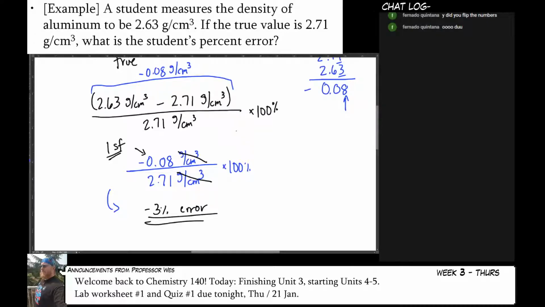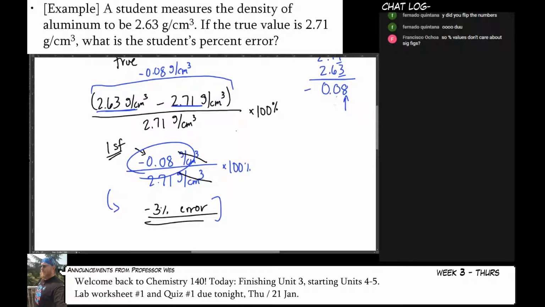As your answer gets close to the correct answer, you start to lose sig figs on your error. And that makes sense because as you get closer and closer, percent values care very much about sig figs. I just did a subtraction here, which left me with only one sig fig.